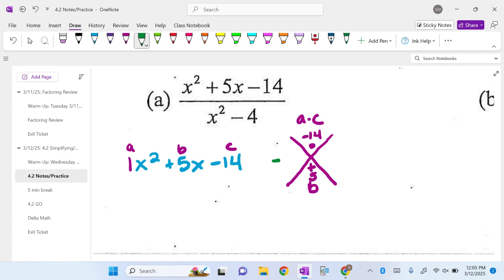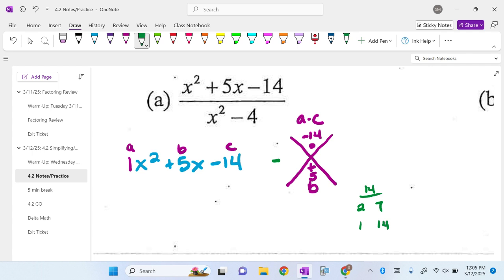So let's just list some factors of 14. What are some factors of 14? 2 and 7, and 1 and 14. Now, since one of those numbers has to be negative, that means that we're actually subtracting to get positive 5.